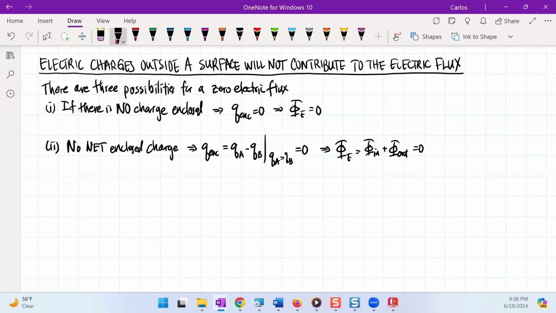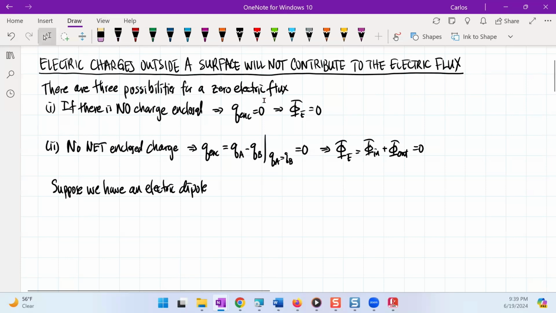So what's a possibility here? Suppose we have an electric dipole. So let's draw the electric dipole.